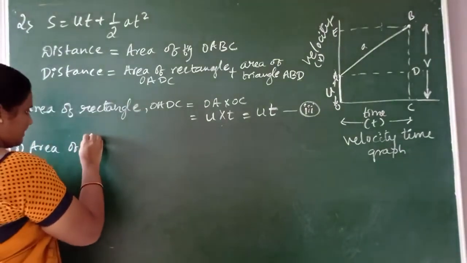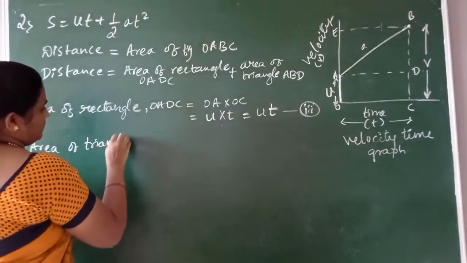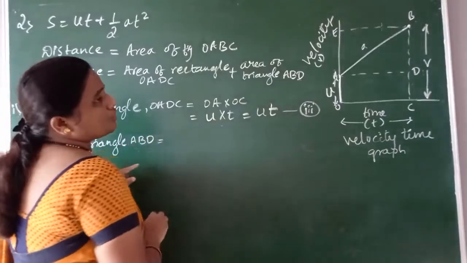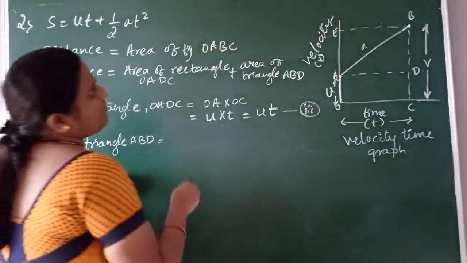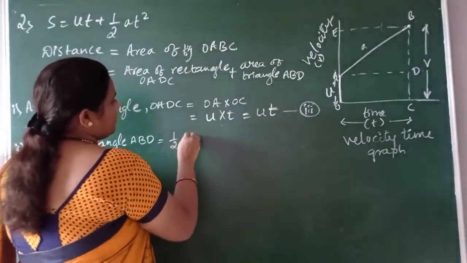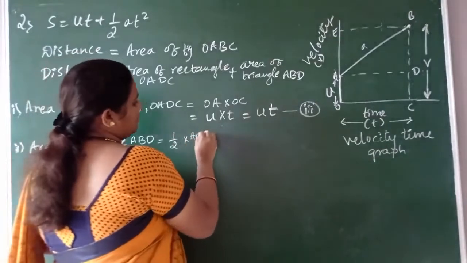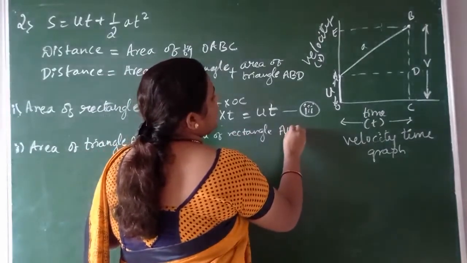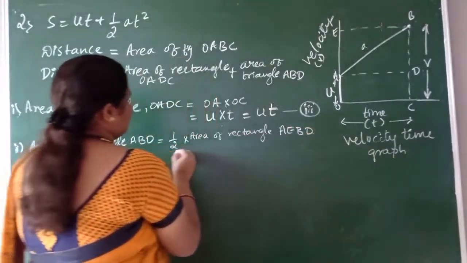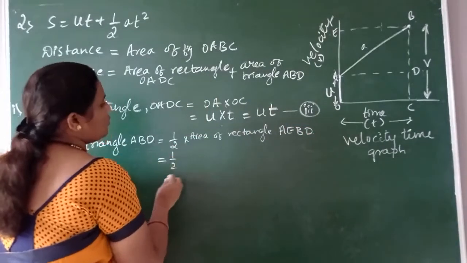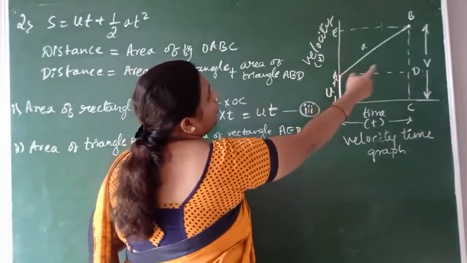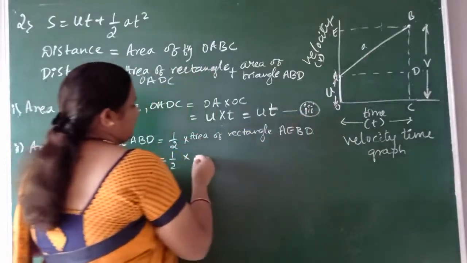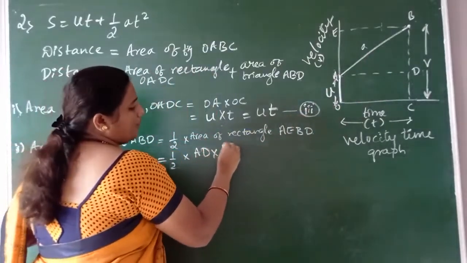Area of triangle ABD is half into the area of rectangle, which is half into length into breadth, that is AD into BD.